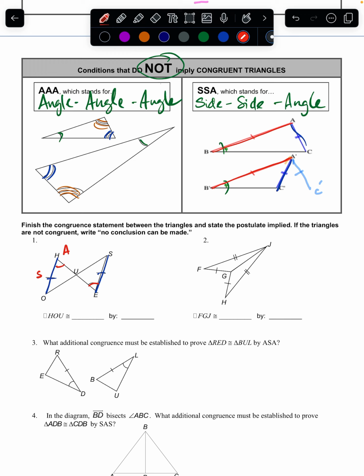Now, what else can we tell that is congruent? If you guys remember, look for X's, right? This is an X right here. These right here are opposite angles. They're known as vertical angles, and vertical angles are always congruent. So these are your angles right here. So we know that by AAS or SAA, our triangle HOU, let's go see, HOU is here.